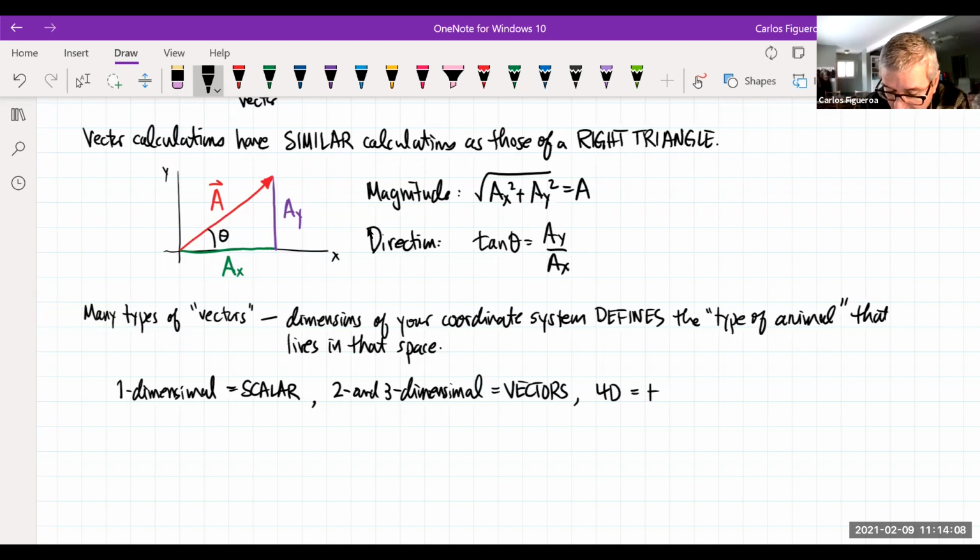It's actually called a tensor. And if you look at the theory of quantum mechanics, there's something that is an infinite dimension space. That infinite dimension space is known as Hilbert space.